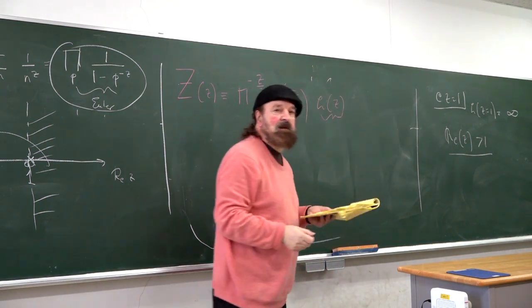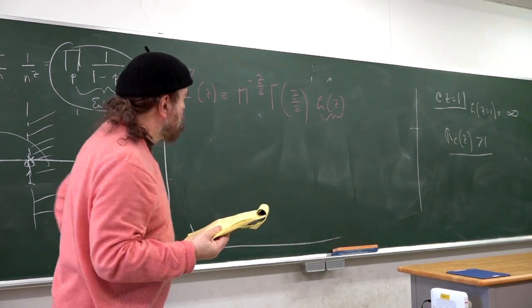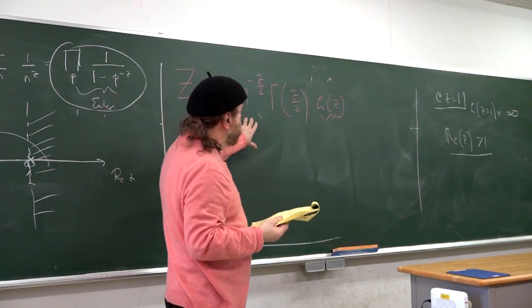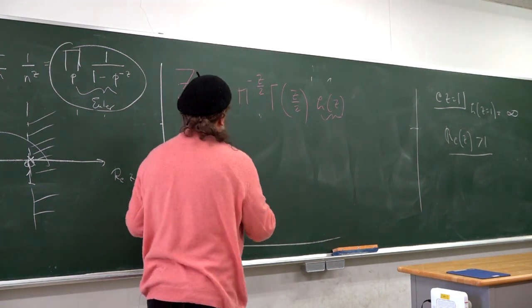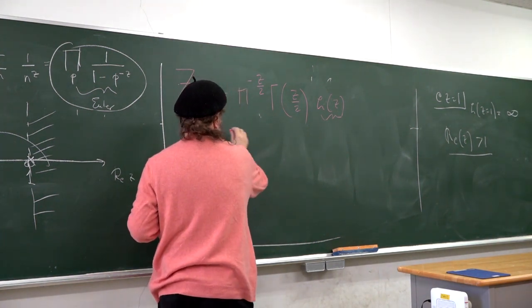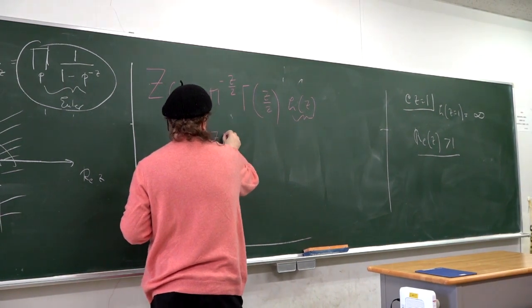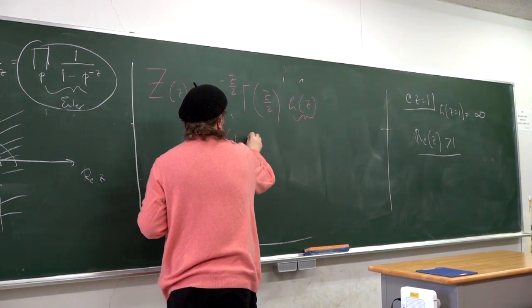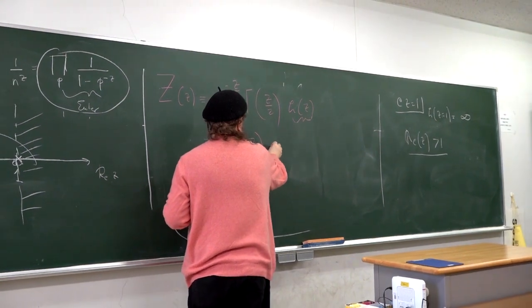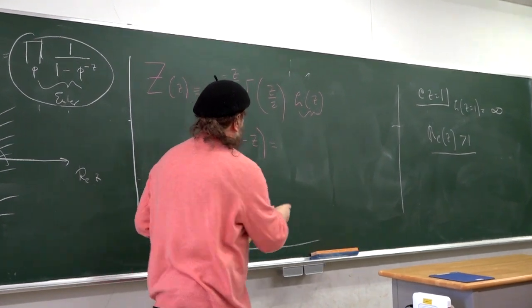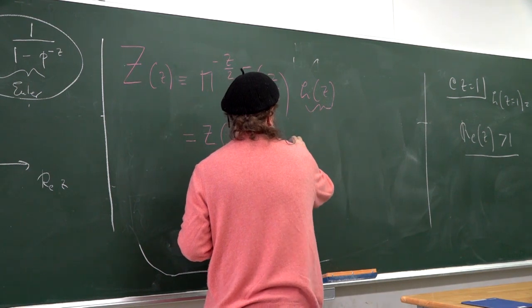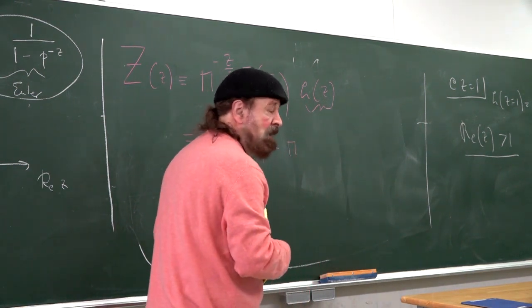This is the Riemann zeta function, and you multiply by these prefactors, and it turns out that this function is equal... it's called the reflection formula. And so you just replace z by 1 minus z.